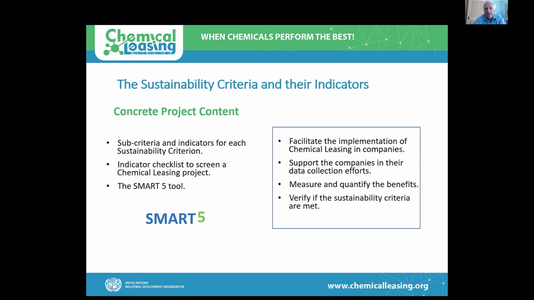So if you are having a project or if you're designing a project, then these criteria need to be fulfilled, and to check it, the criteria have been further elaborated into sub-criteria and into indicators, and UNIDO has developed here together with the German authorities a new tool, what is called Smart 5, which is very easy to handle and to show that a chemical leasing project is fulfilling sustainability and that these criteria are verified.